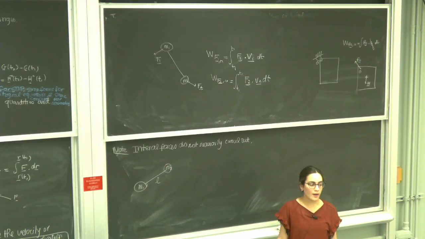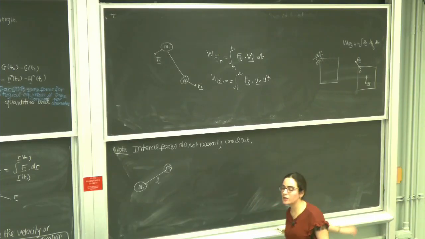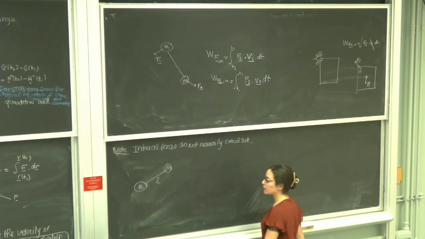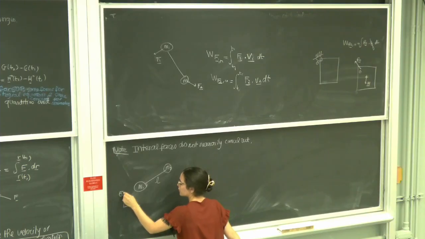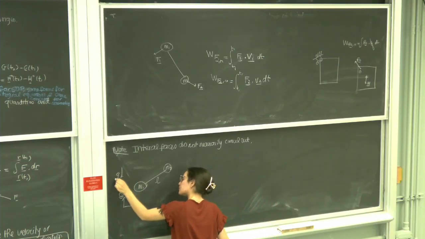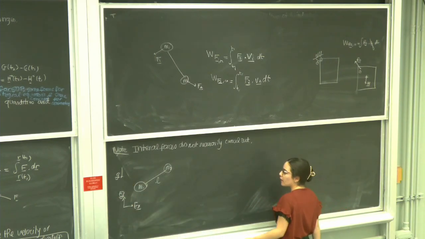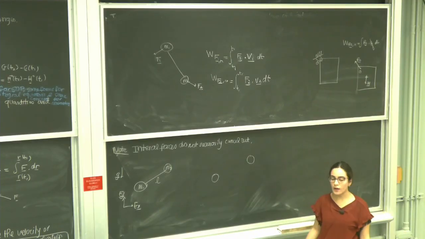And I will consider the following free body diagram of the system. Say I take this dumbbell and I just throw it in the vertical plane, EX and EY, and gravity is pointing downwards. Let us draw the free body diagrams of each mass.